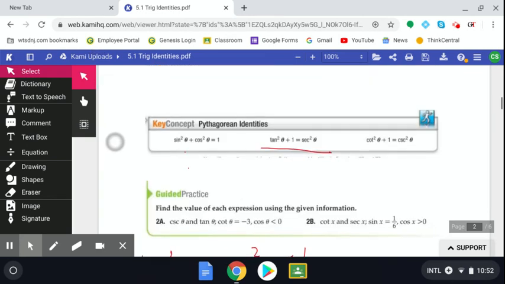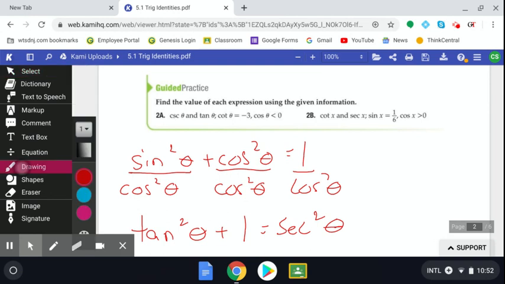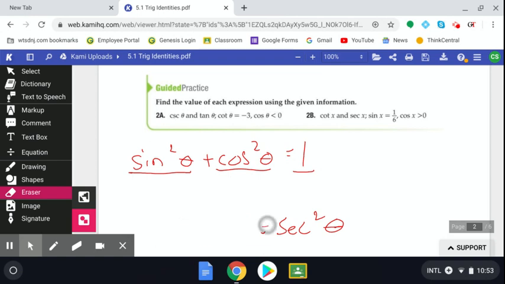To get the third one, I will just divide everything by sine squared theta. This is just a way for you not to have to memorize all three of them. You just memorize one, and then you can write on the corner of your paper all three identities and refer back to them.